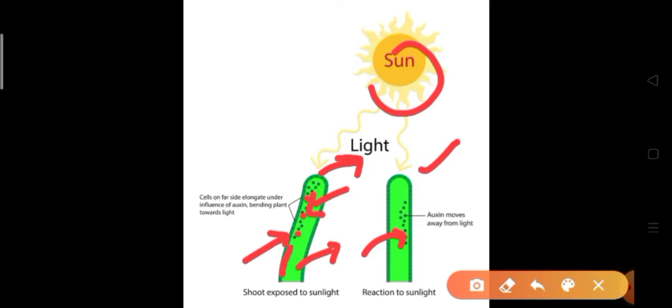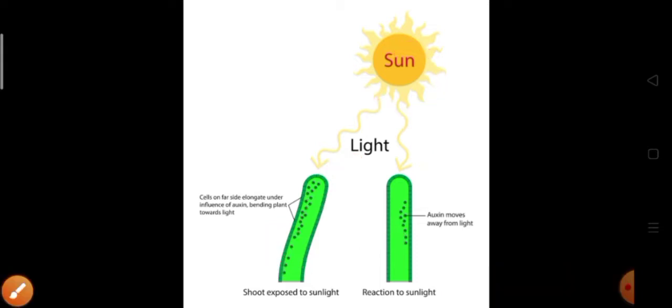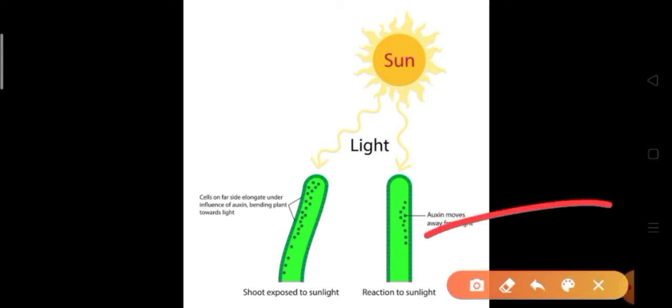That is a plant movement which we call phototropism, and we will see that the plant has faced towards the light. So this is the role of auxin, how it works.